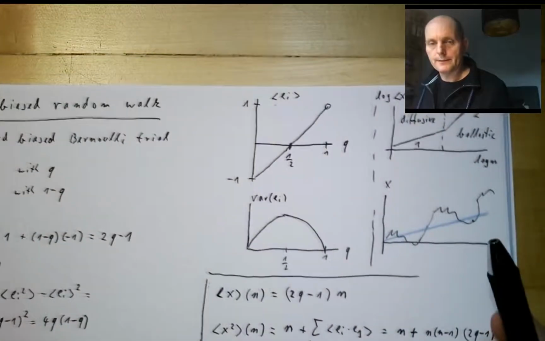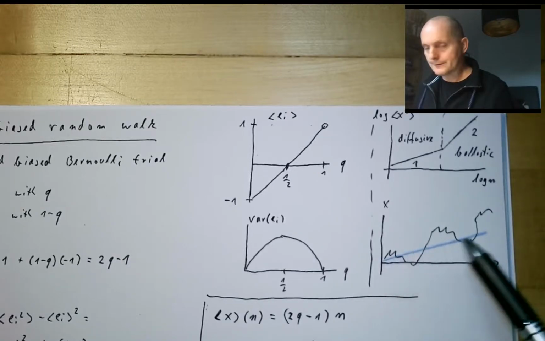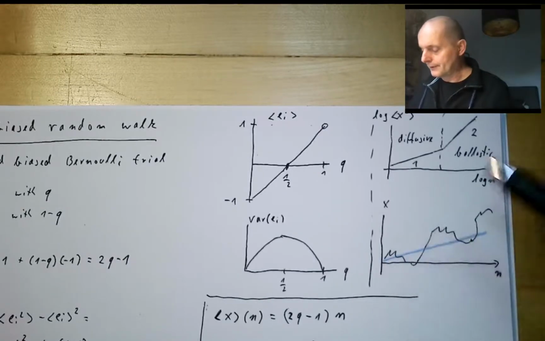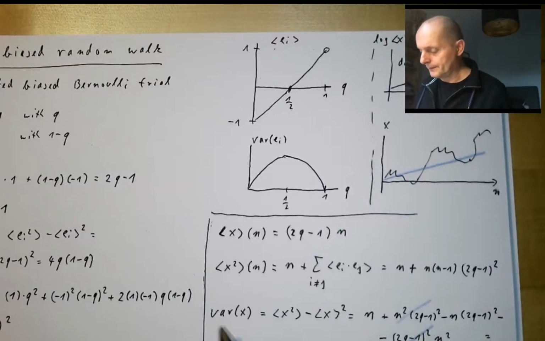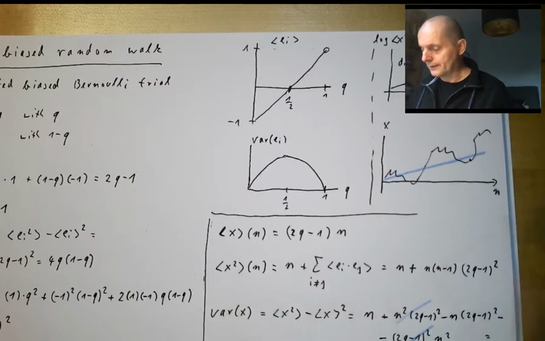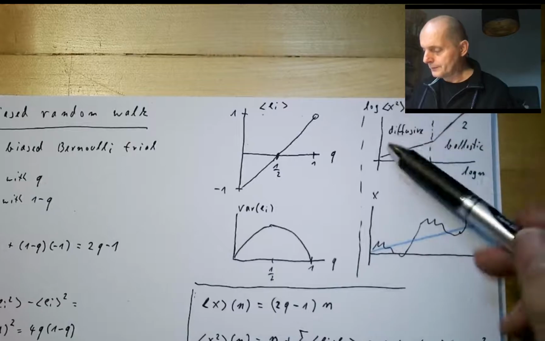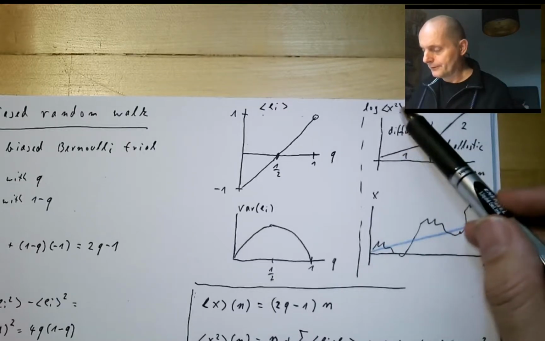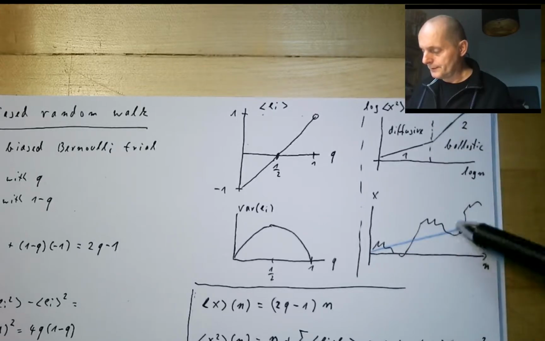And what we have seen then is that we get a walk where the mean value increases with time, and we have some scatter. When we have biased random walks, we have to be careful that we do not just calculate the second moment. Due to this bias, the mean square displacement, the expectation of the second moment, starts to increase diffusively, but later ballistically, because the mean increases linearly.